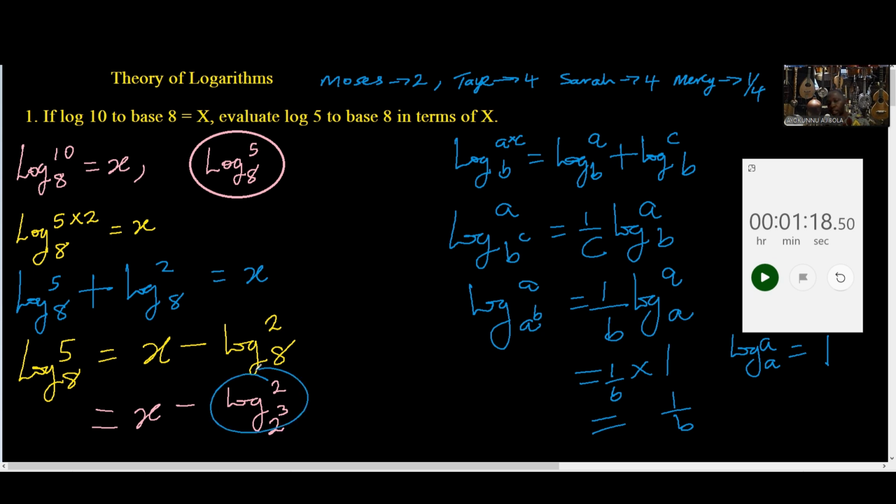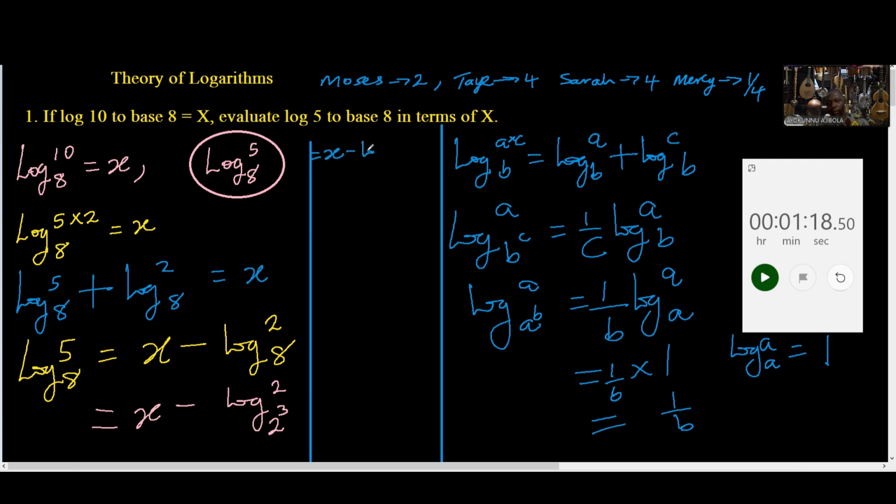So let us now see how this one plays out. Hold on. So I have this finally equal to, let me try to divide this so you don't get it confused in the note, x minus 1 over 3 log 2 base 2.